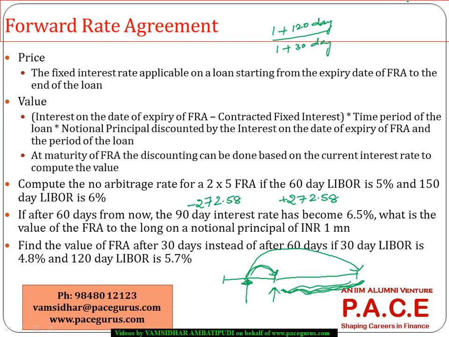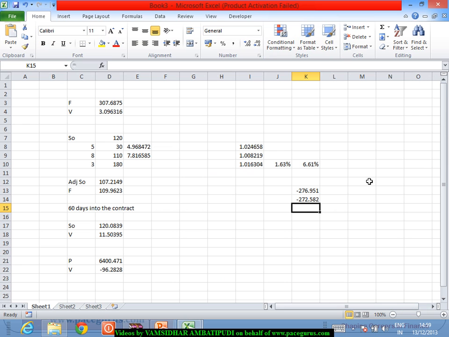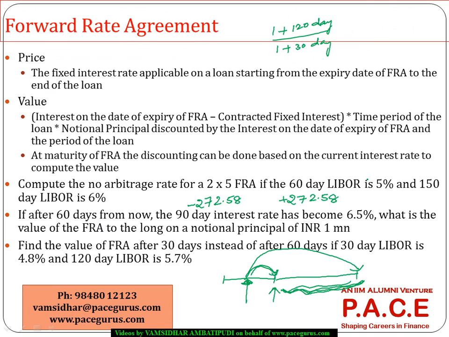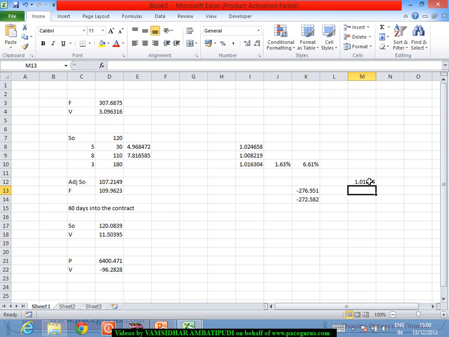The 120-day LIBOR is 5.7%. So this is working out as 1 plus 5.7% into 120 by 365. This is going to be the numerator, and in the denominator the 30-day LIBOR is 4.8%. So this is coming out as 1 plus 4.8% into 30 by 365.